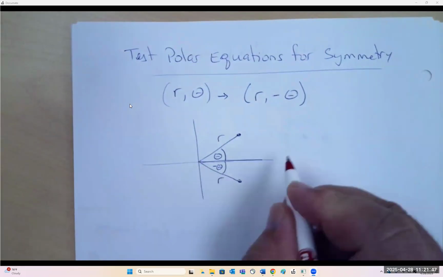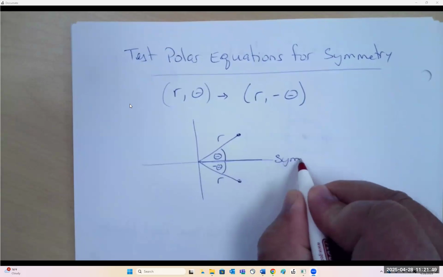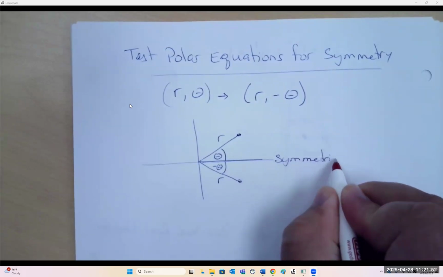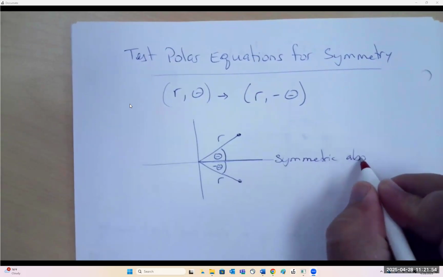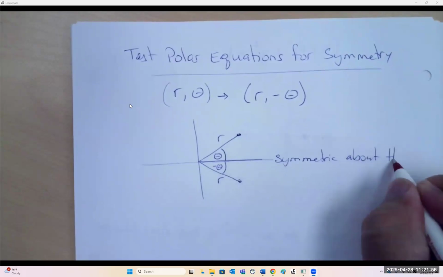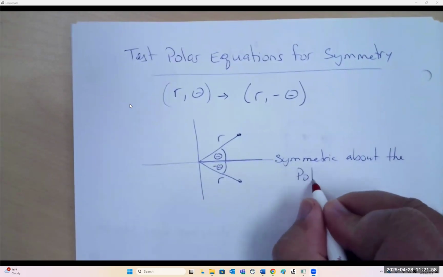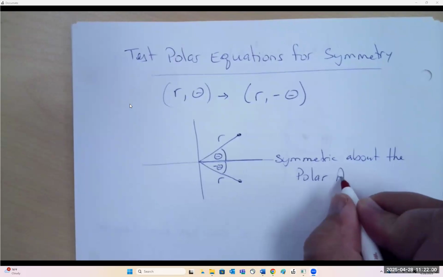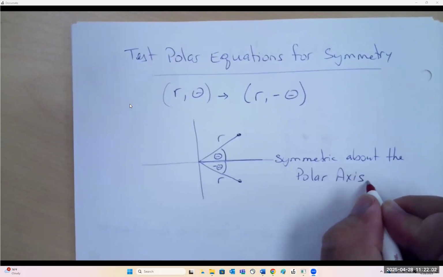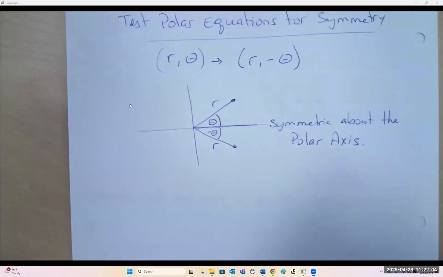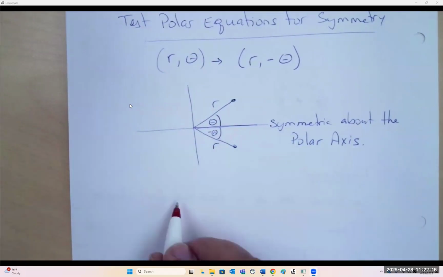So it's symmetric about the polar axis. Remember, the polar axis is the x-axis in polar coordinates. That's our first one.